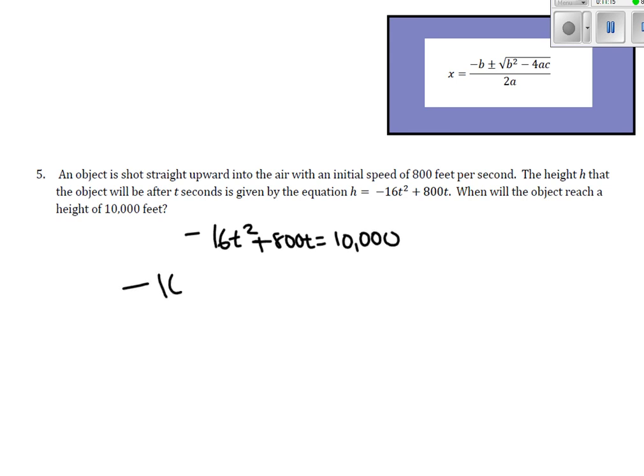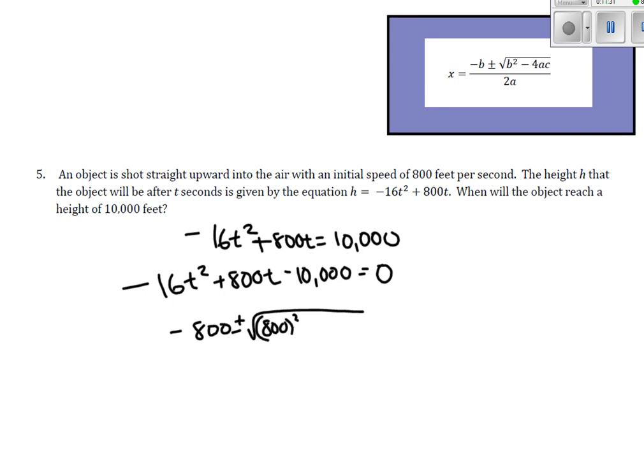Well, I don't want to crank that out because that seems like a lot of work. So let's put in the quadratic formula first. So it'll be negative 800 plus or minus square root of 800 squared minus 4 times negative 16 times 10,000, all over 2 times negative 16.